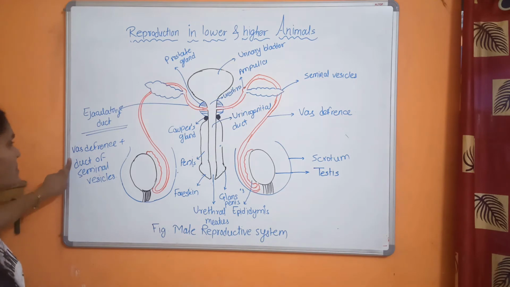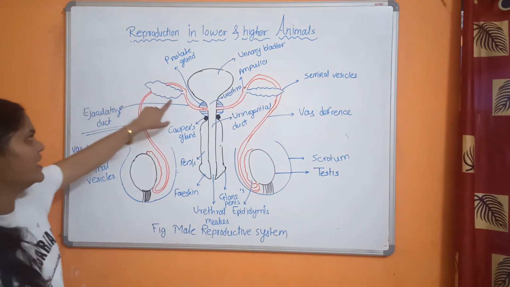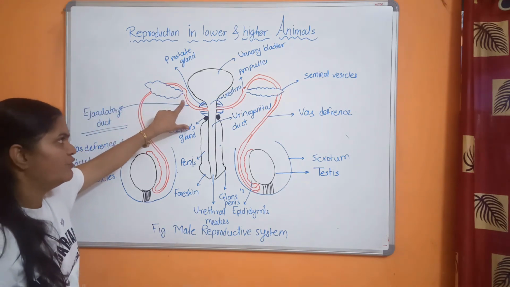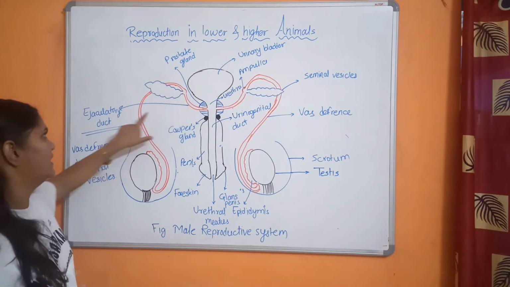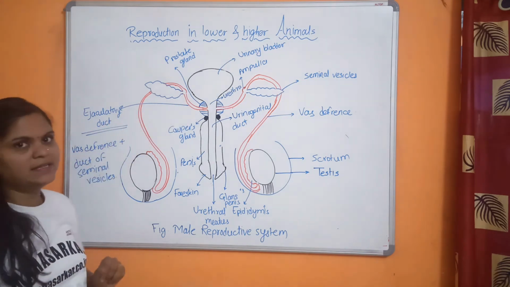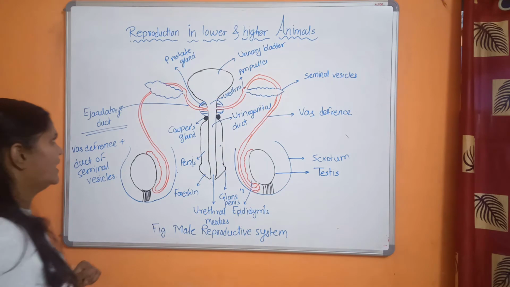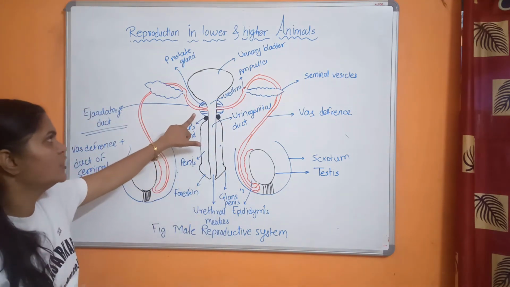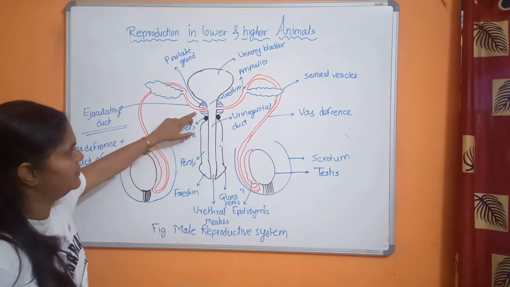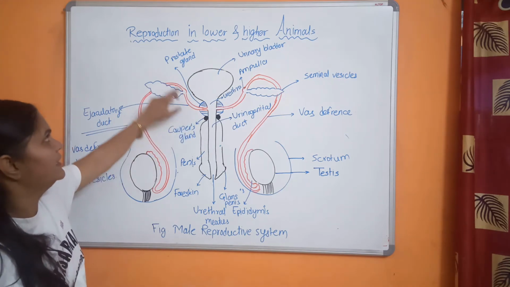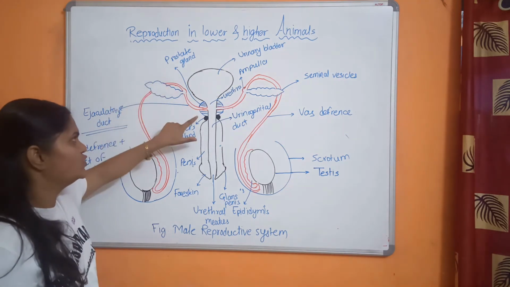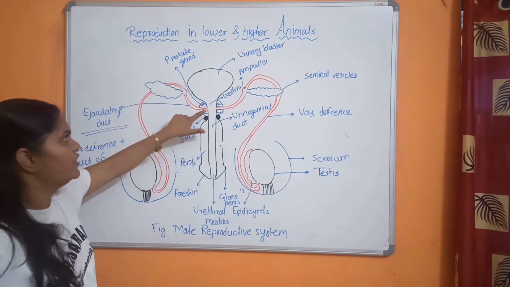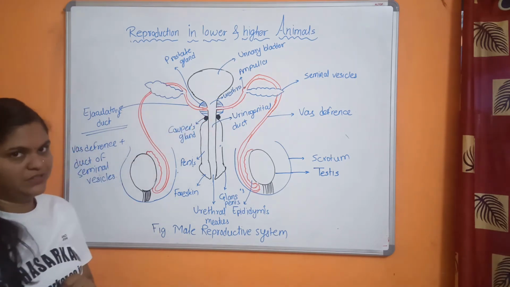So the duct of the seminal vesicle and the vas deferens combine and form one common duct, called the ejaculatory duct. The ejaculatory duct passes towards this donut-shaped gland, called the prostate gland, which is 1 in number, and then it opens into the urethra.